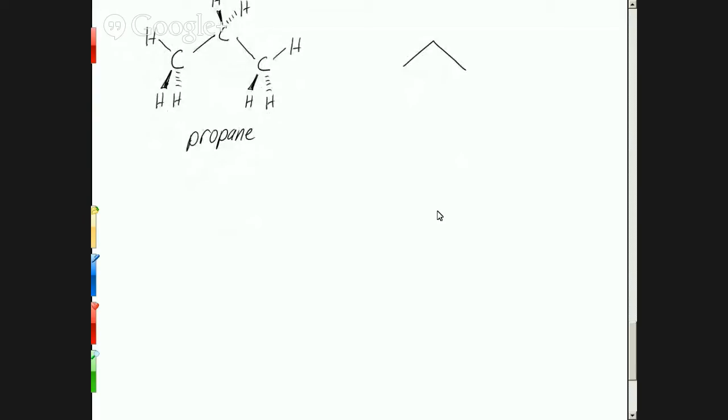So a couple rules of line structures. First, carbon atoms are assumed at each line end and vertex, which is a fancy way of saying connection.